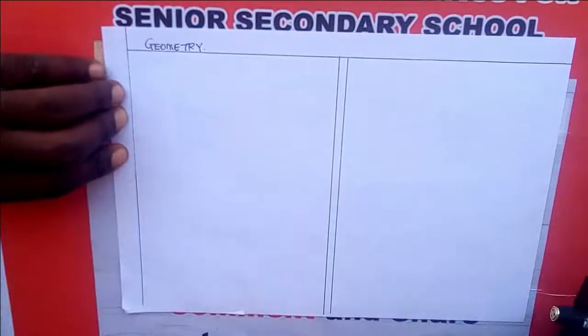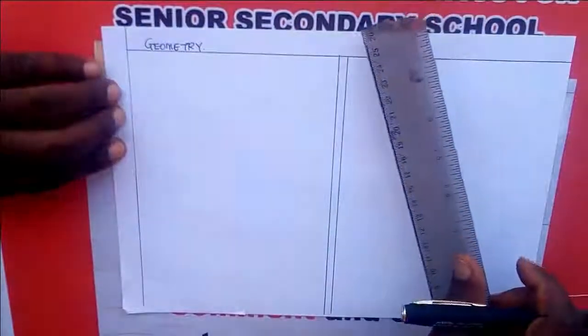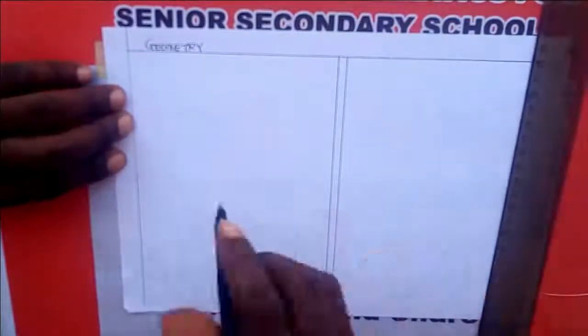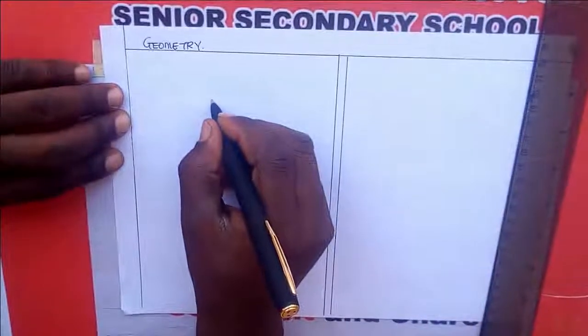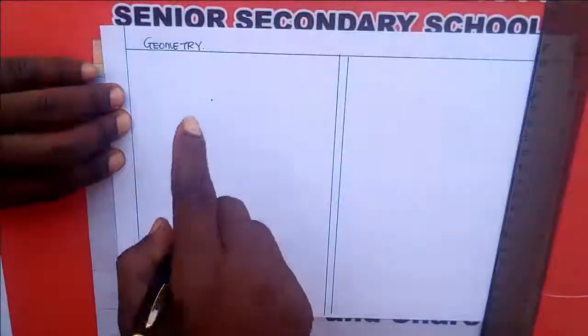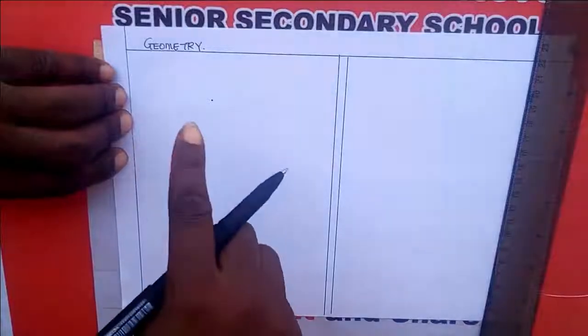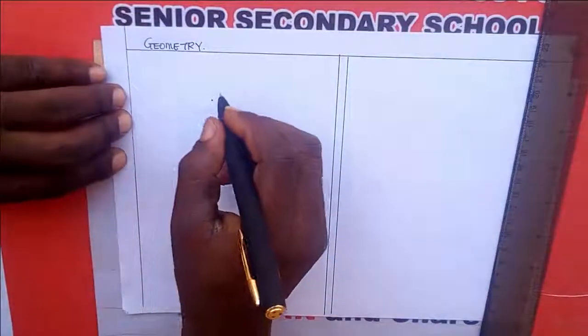So I'm going to start with what is called angle at a point. If you know the point, when we draw a circle at this point, the angle of that circle drawn from that point is 360.